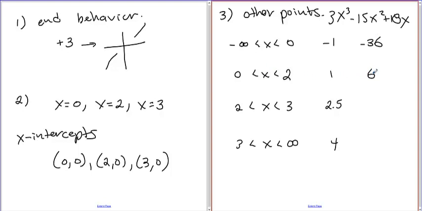If I plug in 2.5, I get negative 1.875. And if I plug in 4, I'll get 24. Okay, hope I got that right.